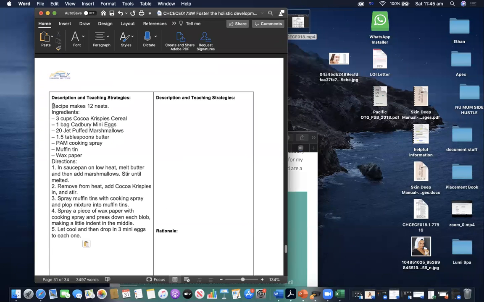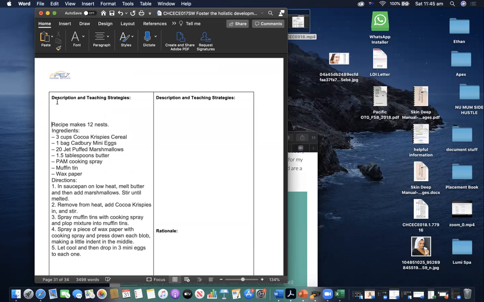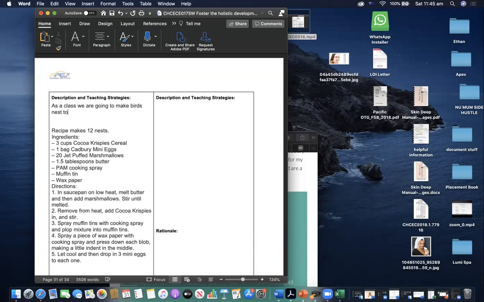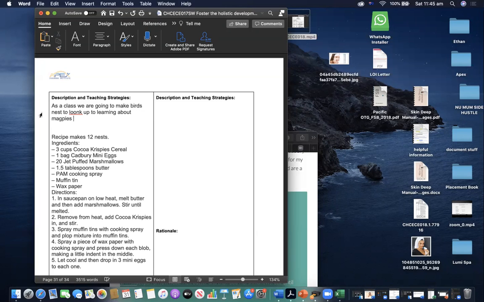Okay. And I'm going to say my teaching strategy. Okay. So I'm going to say, as a class, we are going to make bird's nests to link up to learning about magpies, as these birds make nests in trees.